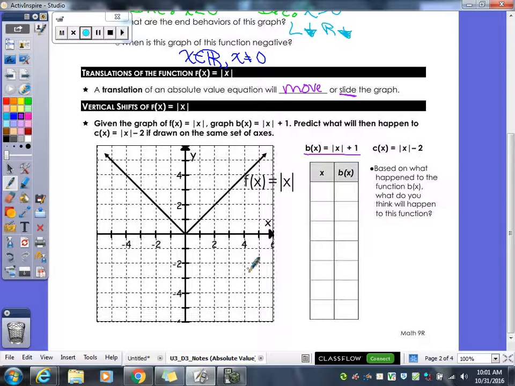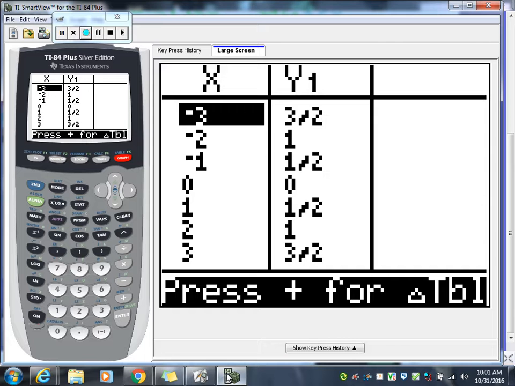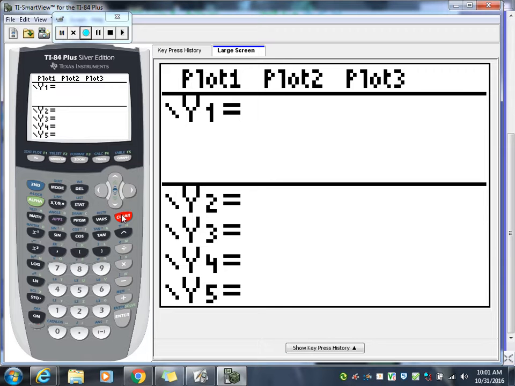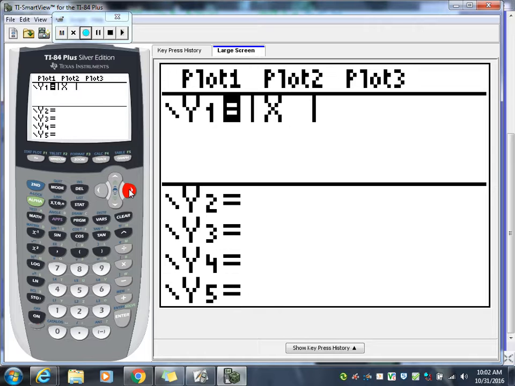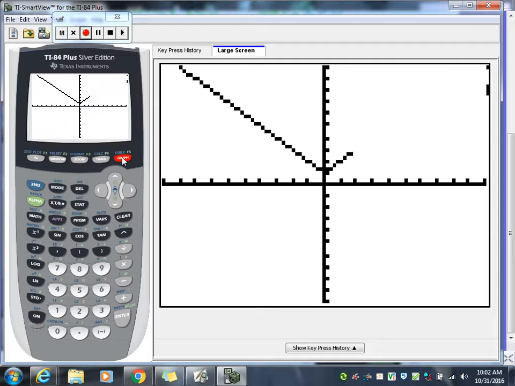So let's go to our calculator. Go to our y equals. Get our absolute value of x. And then outside of the absolute value bars, we're going to hit our plus 1, just like it has on our paper. So what did it do to our graph?